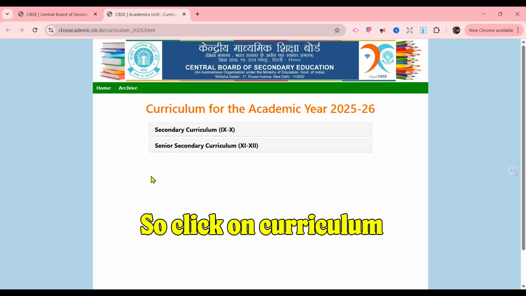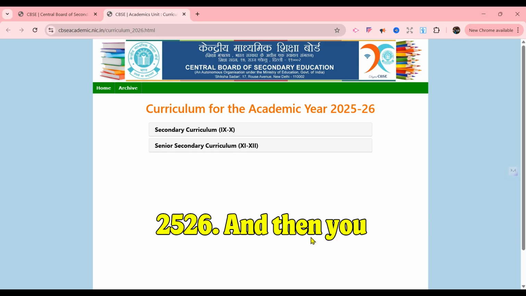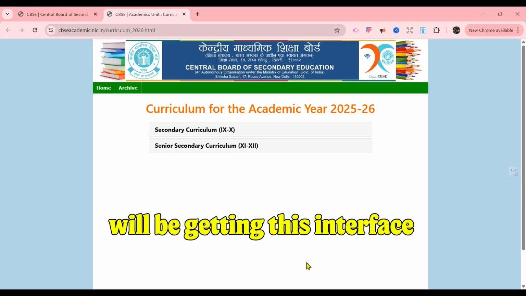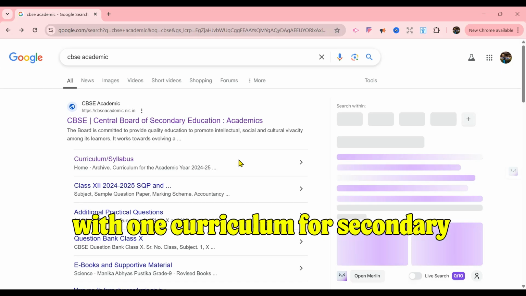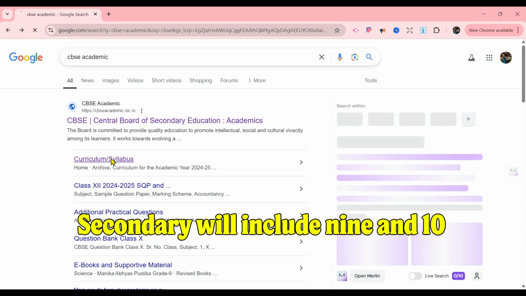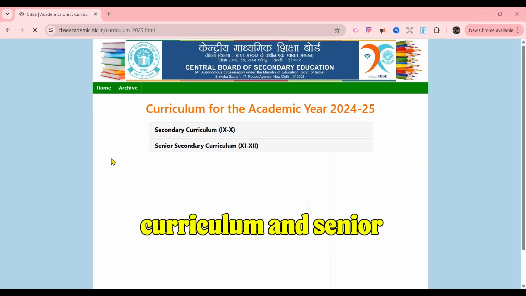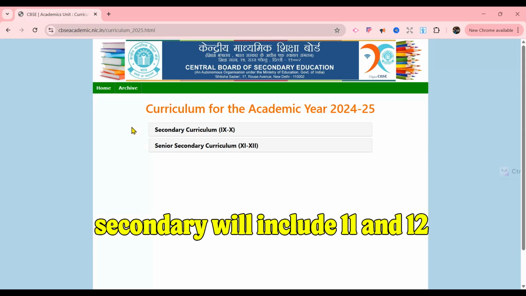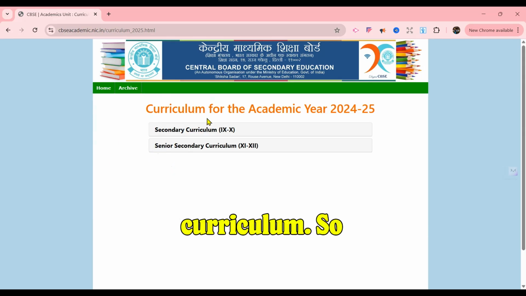So click on curriculum 25-26 and then you will get this interface with one curriculum for secondary and the other one for senior secondary. Secondary will include 9 and 10 curriculum and senior secondary will include 11 and 12 curriculum.